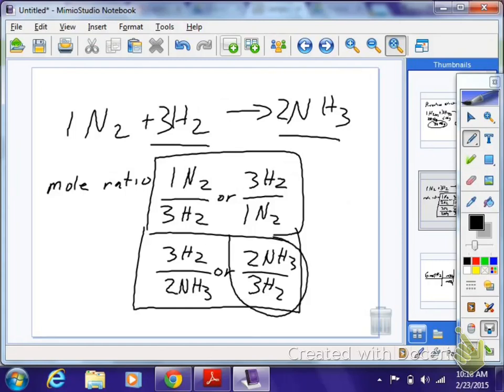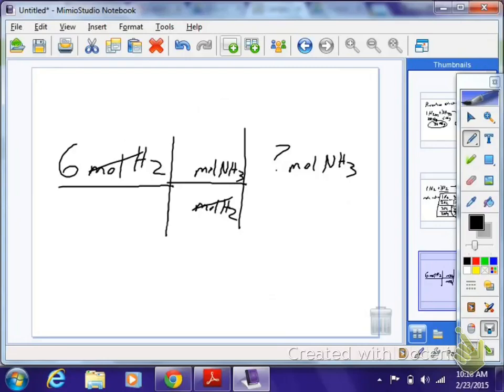So we've got our 3 there. And up above we'll put 2. And then our units are moles of NH3. And so the moles of NH3 would be how much? So 6 times 2 is 12, divided by 3 is what? 4. That's our answer. Okay, questions?